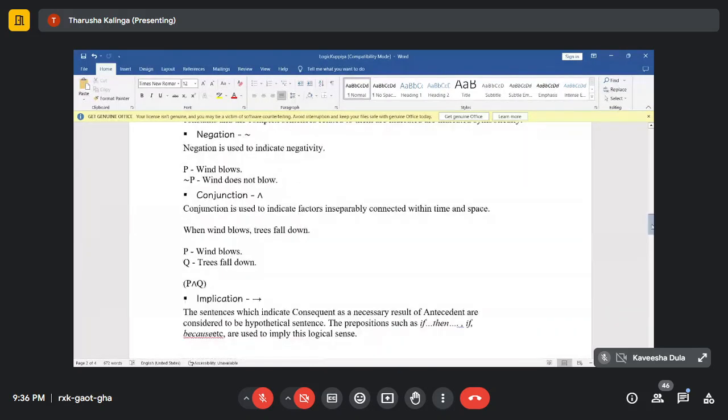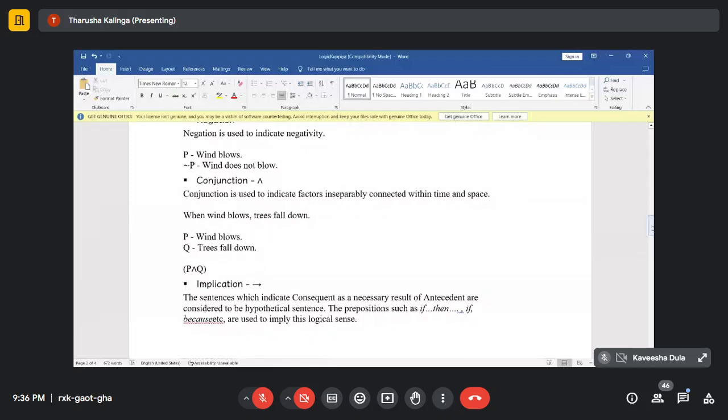Then conjunction, this is where you find your philo and gate. Okay, so we call it an and, but here we always refer to it as the conjunction.